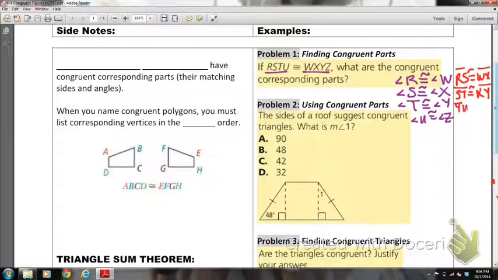Side TU is congruent to YZ, and then side RU is congruent to WZ.